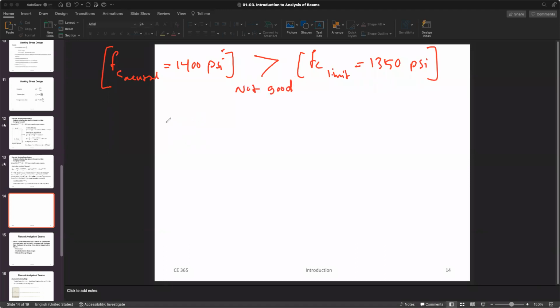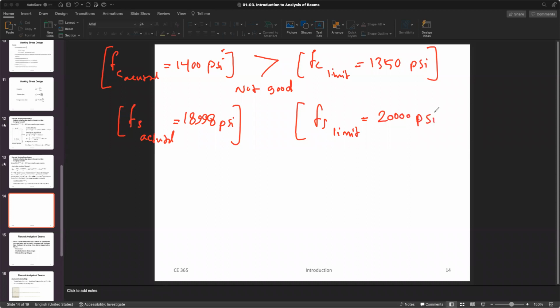Your actual is more than the limit. fs actual, you have found 18,998. Compare this with fs limit, 20,000. Less than, so your actual is less than the limit. Very good. So this is the result of analysis. The moment of 70 is not good.